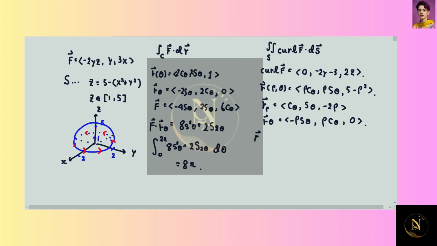We will take the cross product because we want the normal vector. It comes out quite nicely. It is going to end up being ⟨2ρ² cos θ, 2ρ² sin θ, ρ⟩.